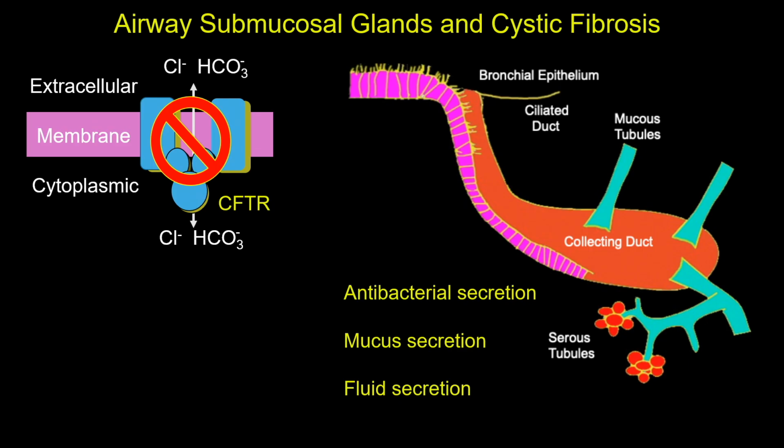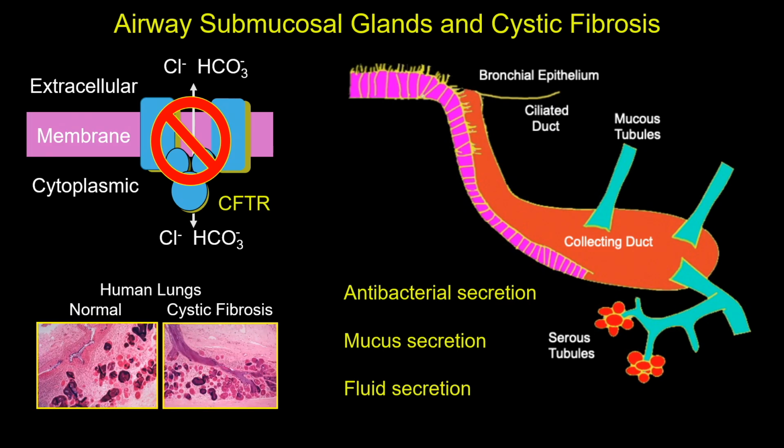Importantly, airway submucosal glands have been demonstrated as a predominant site of CFTR expression. The abundant CFTR is important for airway homeostasis. However, in CF patients, these glands show severe hypertrophy and hyperplasia, suggesting aberrant proliferation and differentiation of glandular stem cells may occur along with the pathogenesis of CF disease.